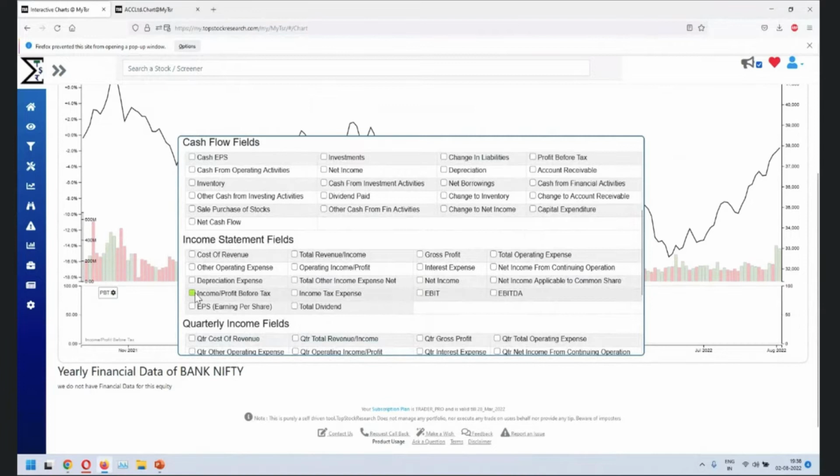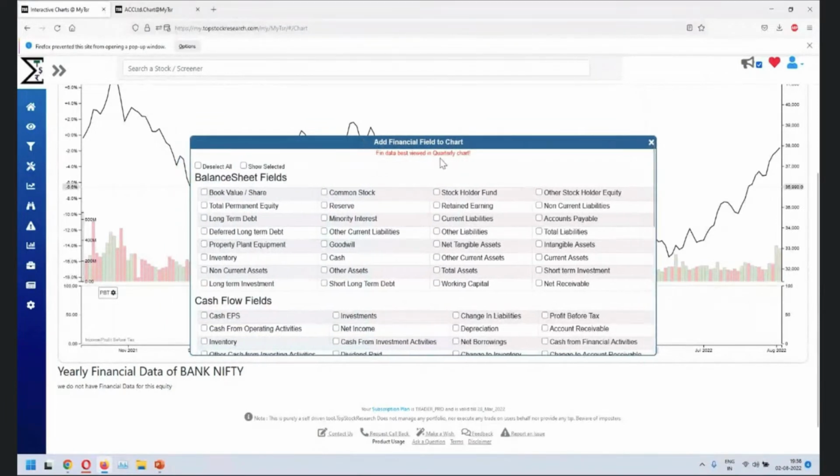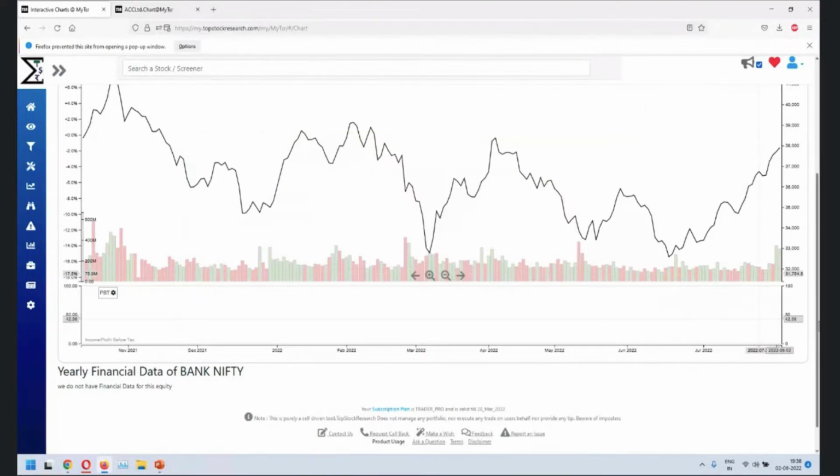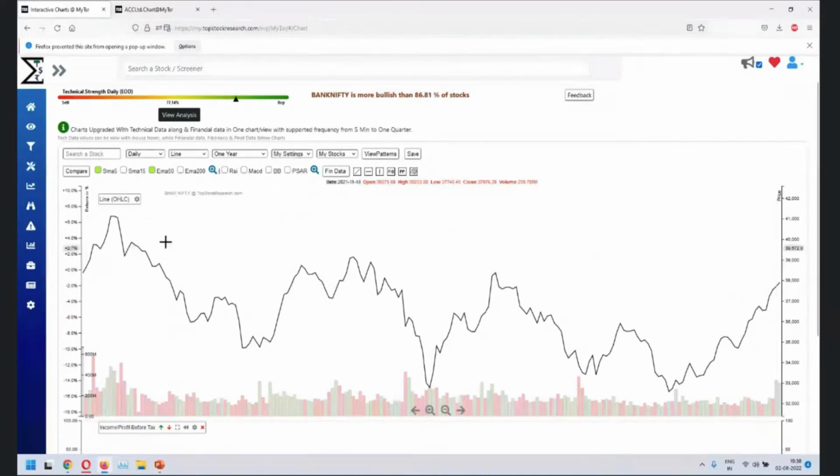Click on income before tax. It says that field data charts is best viewed in quarterly charts. In the period that we have, there's hardly any data here. And obviously there will never be any data because we are into Bank Nifty. It doesn't give financial statements.